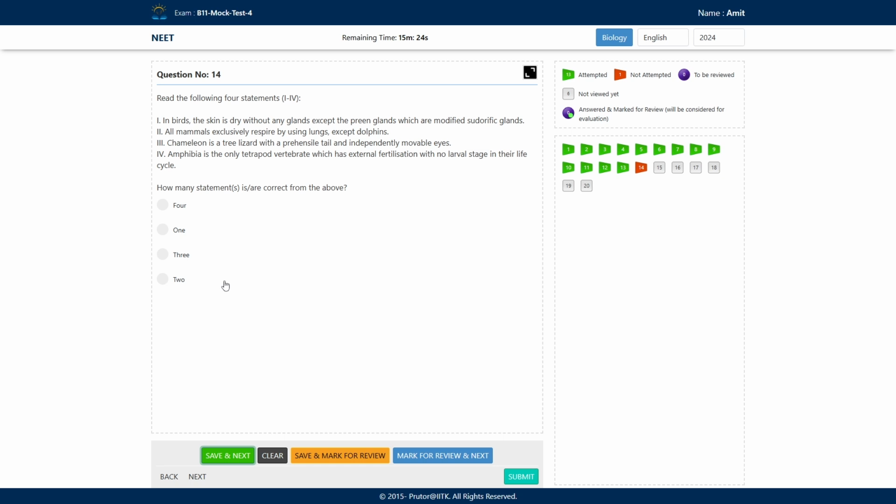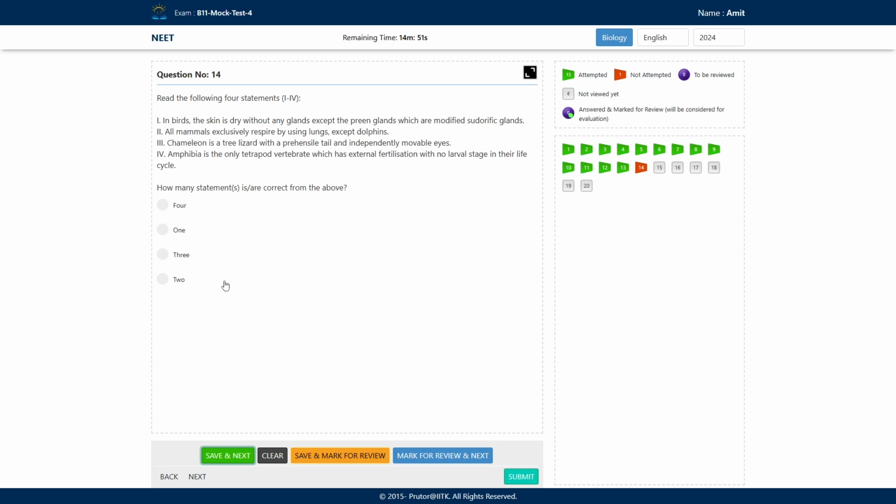Now, read the following four statements, 1 to 4. First, in birds, the skin is dry without any gland except the preen gland, which are modified sudorific glands. Second, all mammals exclusively respire by using lungs except dolphins. Third, chameleon is a tree lizard with a prehensile tail and independently movable eyes.